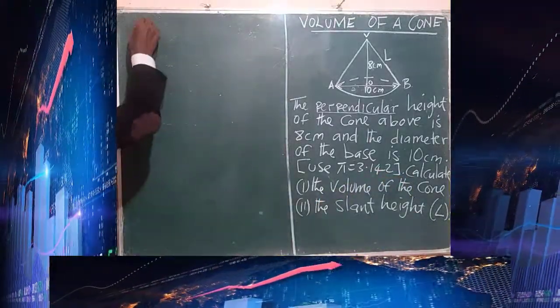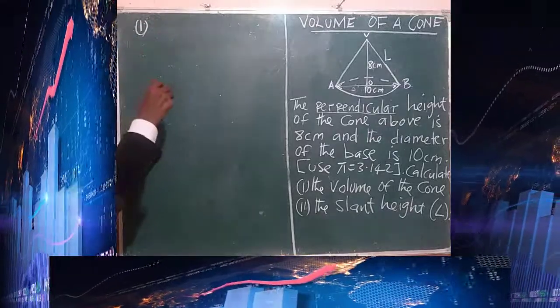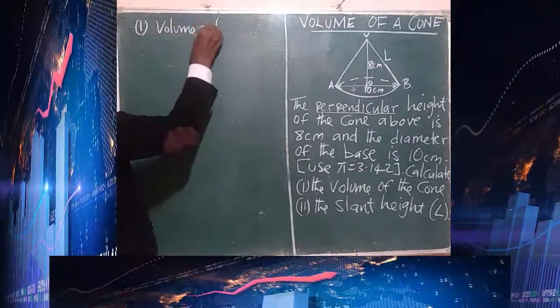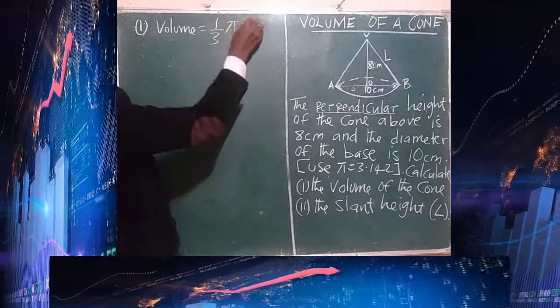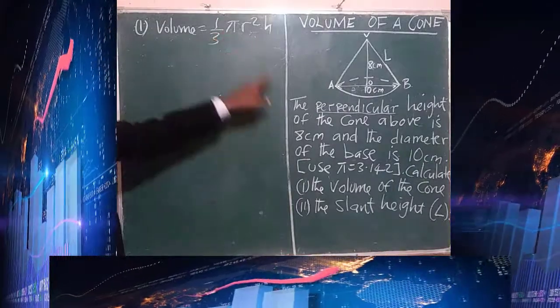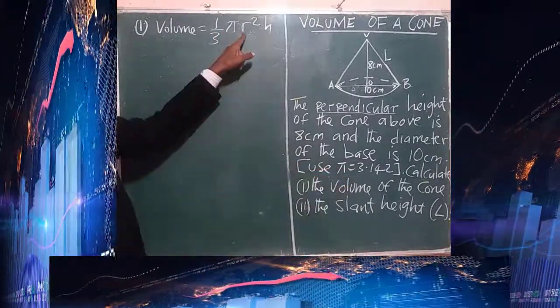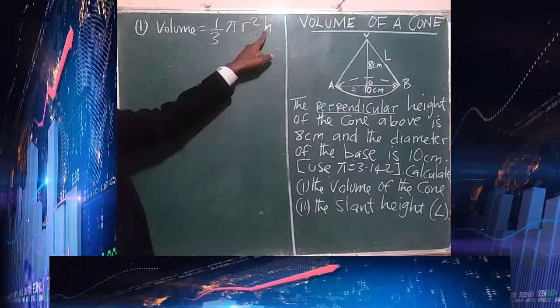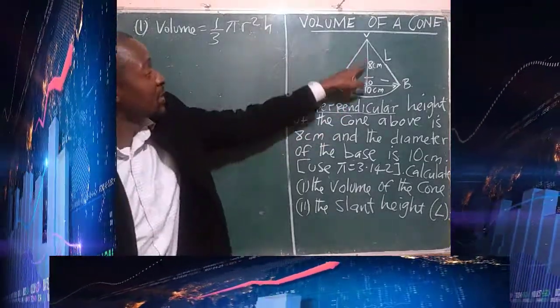In the first question, the formula is given by volume. Volume is equal to 1 over 3 pi r squared height. The pi is what we are given here. The radius is what we are going to find from the diameter. The height is the perpendicular height that we have here.